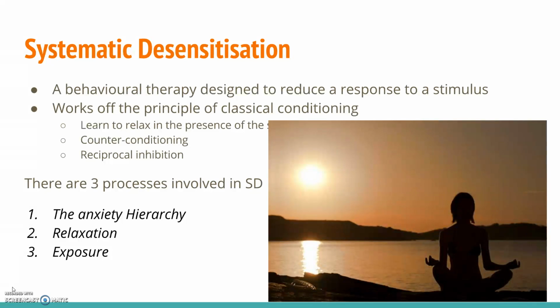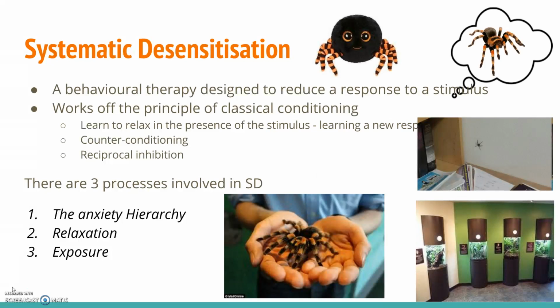Okay, so if we just go back to our anxiety hierarchy, the person with arachnophobia would have to be in the presence of the cuddly spider and be relaxed. Okay? Once they've managed to achieve that relaxation in the presence of the cuddly spider, they can then move on and start to think about the real spider, the real deal, and they have to then become relaxed in the presence of that thought.